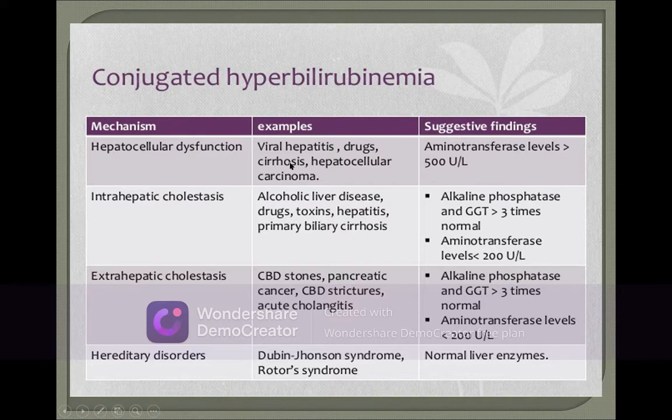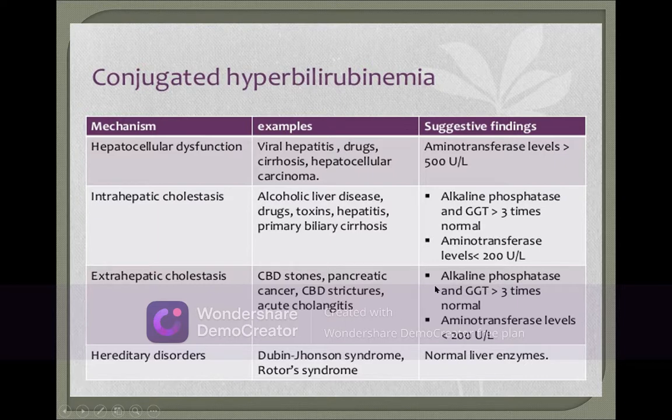In hepatocellular jaundice it is different; we are now talking about post-hepatic jaundice. And there are hereditary disorders like Dubin-Johnson syndrome and Rotor syndrome. Again, in these two cases, inside the liver cells the conjugation is done, but the exportation from the cell, the exocytosis, is poor.